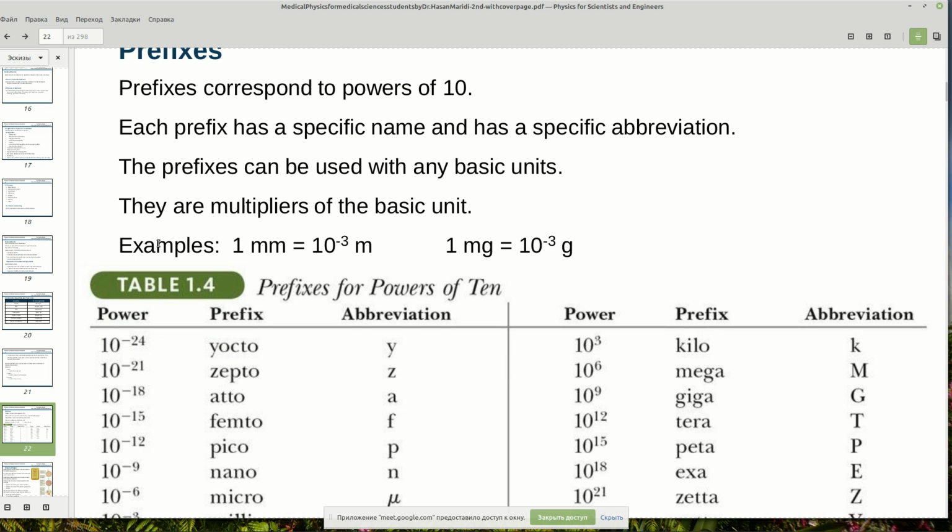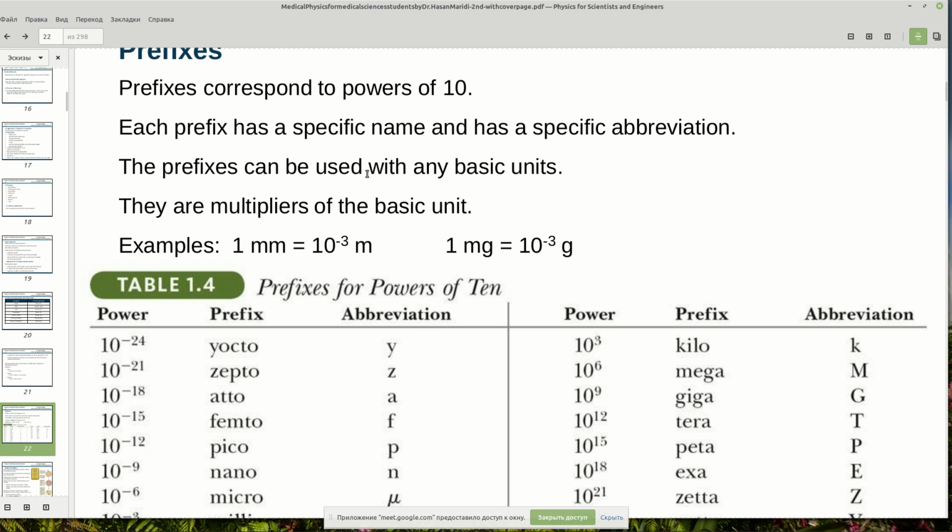Prefixes here, we need to use prefixes. We already use them every day, but we forget what they mean. Prefixes correspond to powers of 10. Yes, so every time it's 1 multiplied by a power of 10, and these powers explain the measurements of some values.